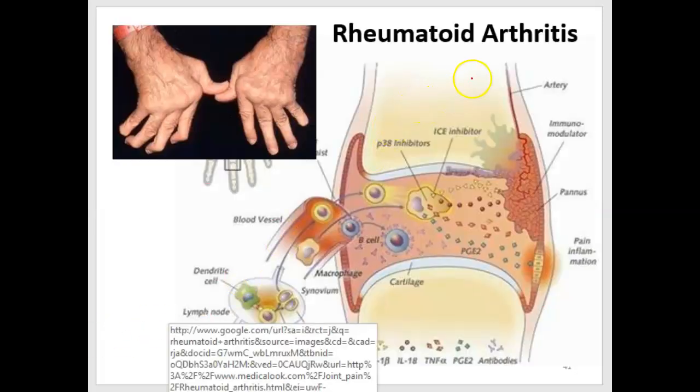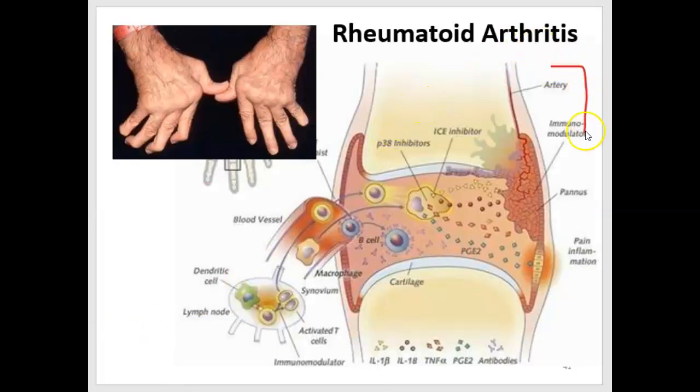So this picture right here, the one with all the detail, is to show you that the joint capsule, the synovial membrane here, has been impaired in some fashion. And signals have been sent out to blood vessels to dilate. And so this blood vessel has dilated, and all these inflammatory cells or immune cells come in.